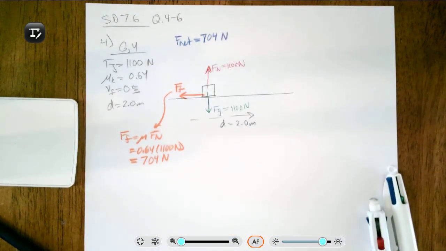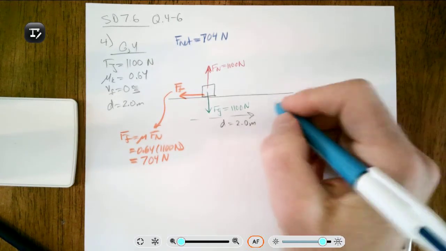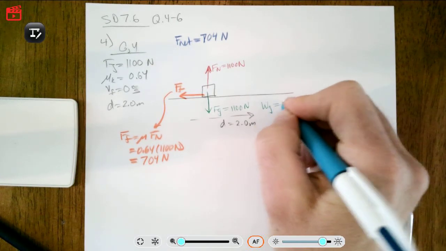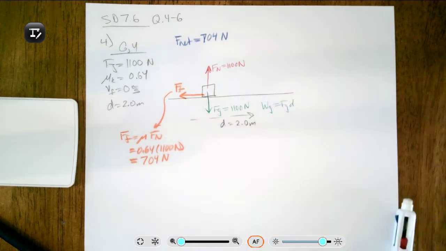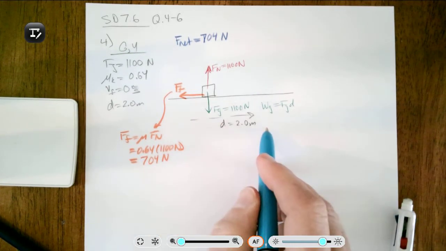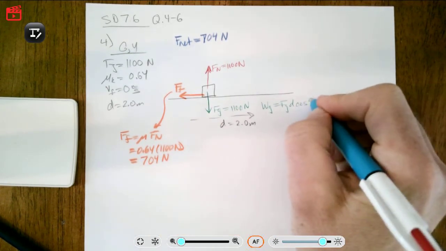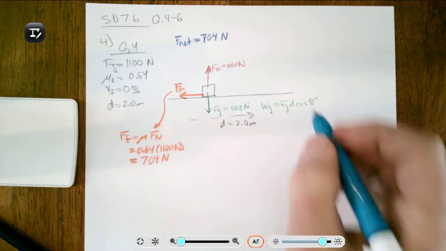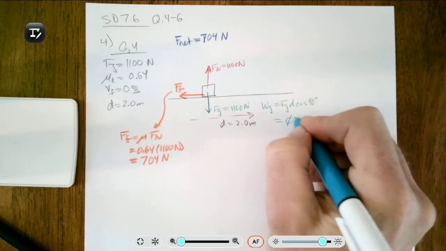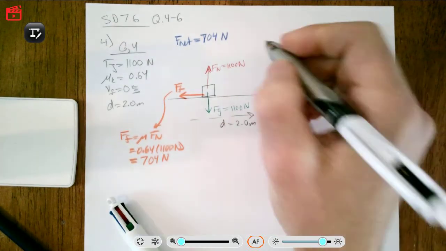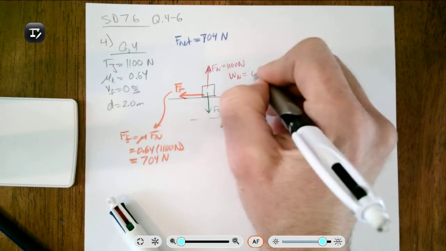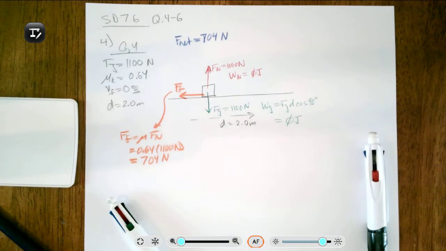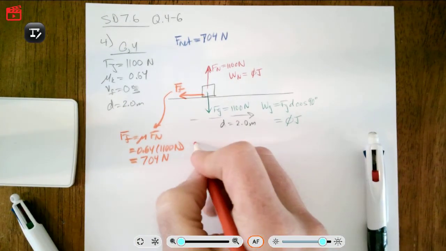All right, time to do the works. All right, work, WG, FG times D, but it's important to recognize FG is down, displacement is forward. That cosine here is going to be 90 degrees. In other words, does this downward force cause a forward displacement? No. 0 joules. Same thing is true with the normal force. 0 joules. Frictional force, however, does do work.